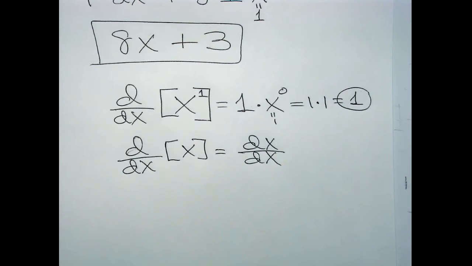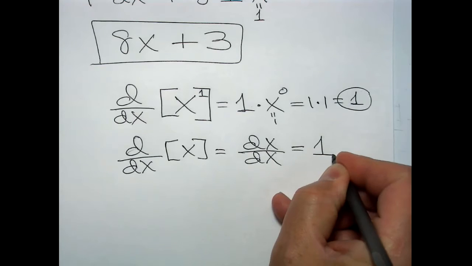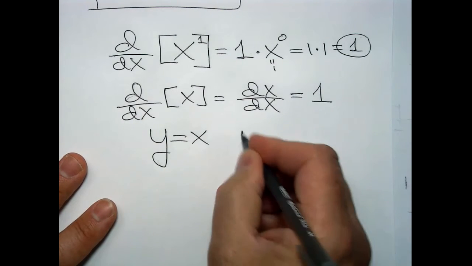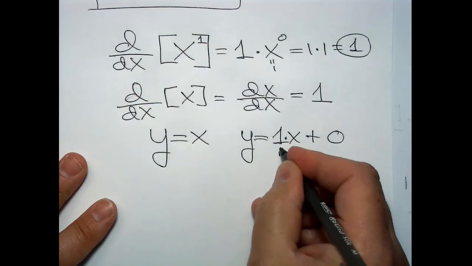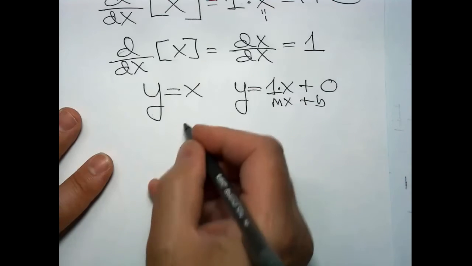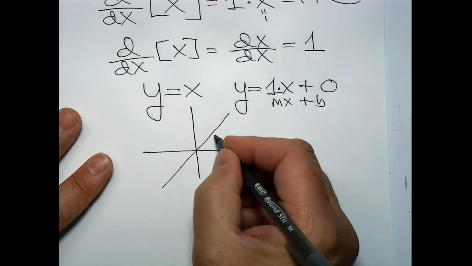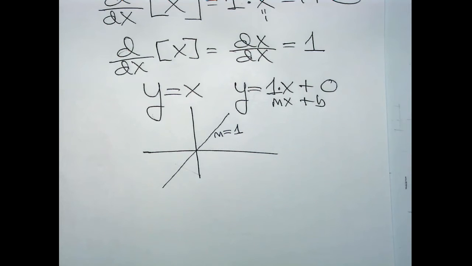Now I realize that the derivative is not really a fraction, but it looks like a fraction. In fact, it looks like same over same. And here's another way to look at it. mx plus b. I think we remember what this is. This is a line with a slope everywhere of 1. So it's a good way to look at the derivative of x.